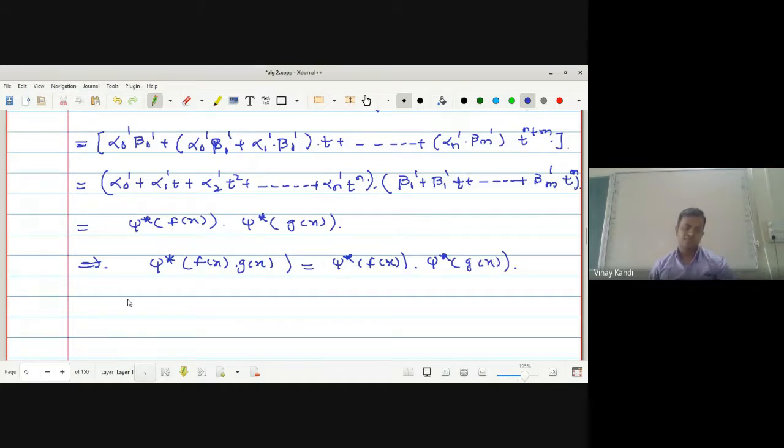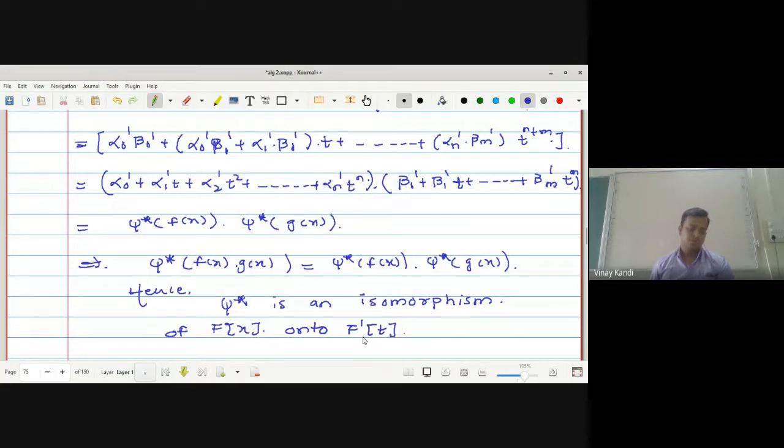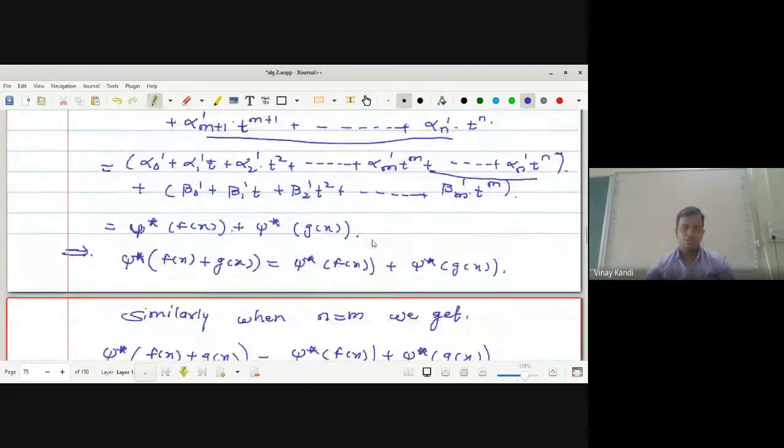Hence psi star is an isomorphism of capital F of x onto F dash of t. And then the last condition we have to prove.